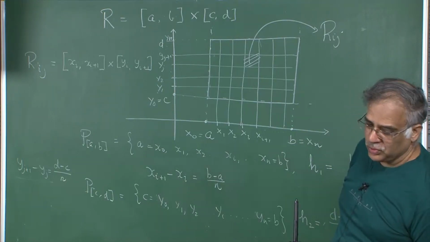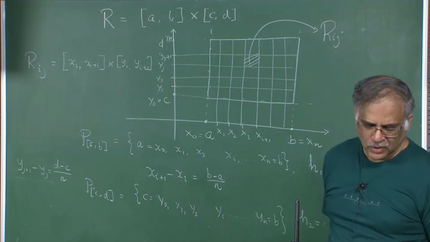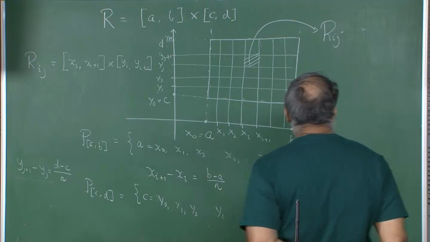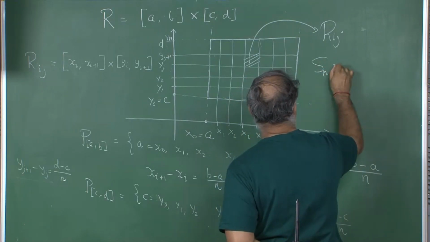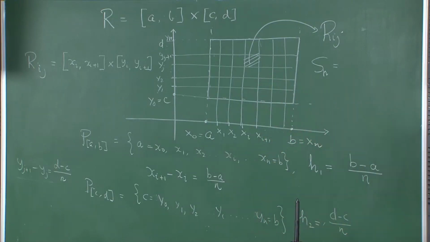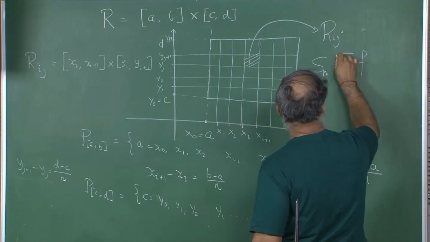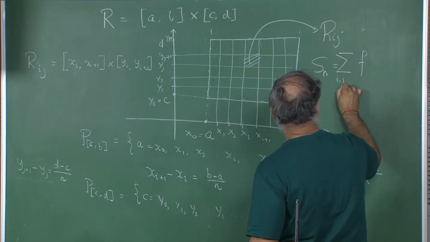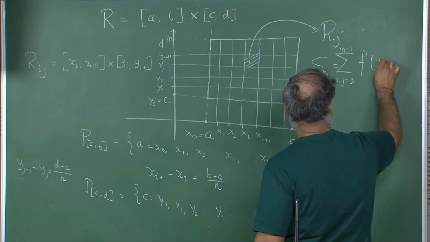I have no clue on the sign of the function. So, I am constructing a sum, the nth sum. I am taking any point Cij from Rij, for each such i and j starting from 0 to n minus 1, f of Cij.